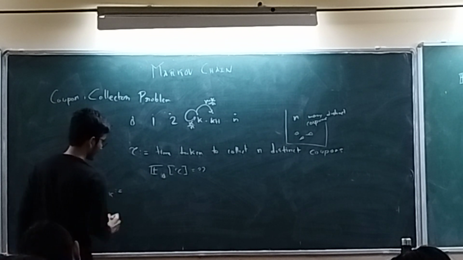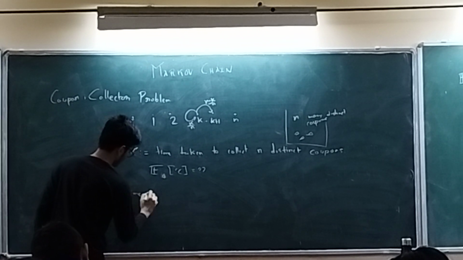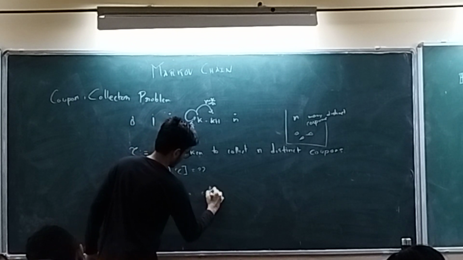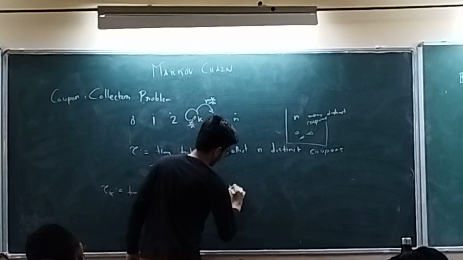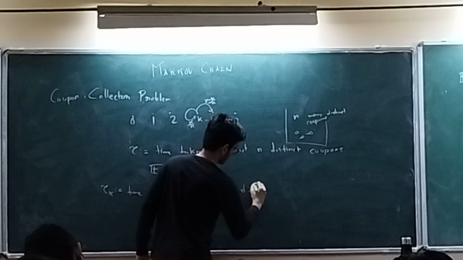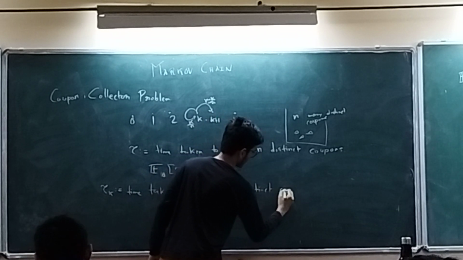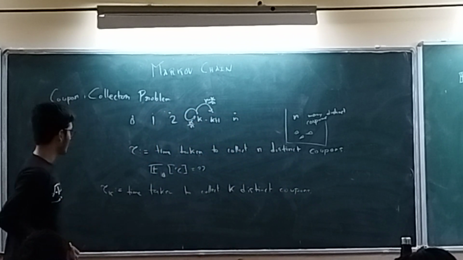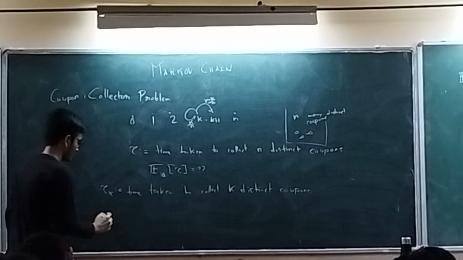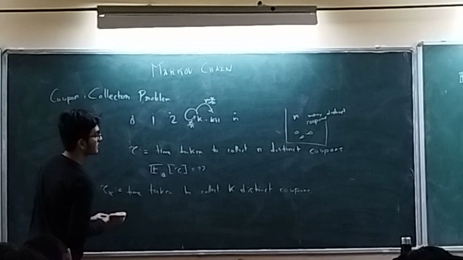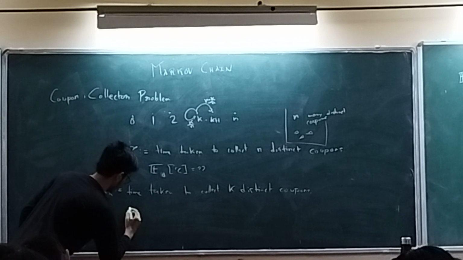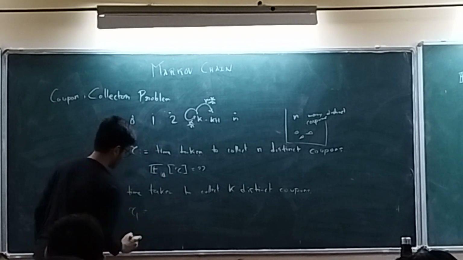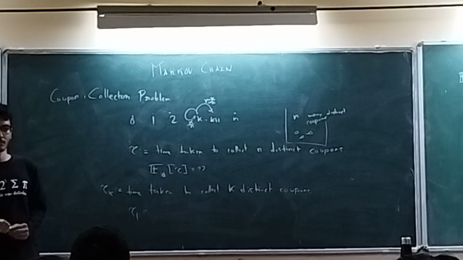Tau k as the time taken to collect k many distinct coupons. Now, what is tau 1? It is 1.